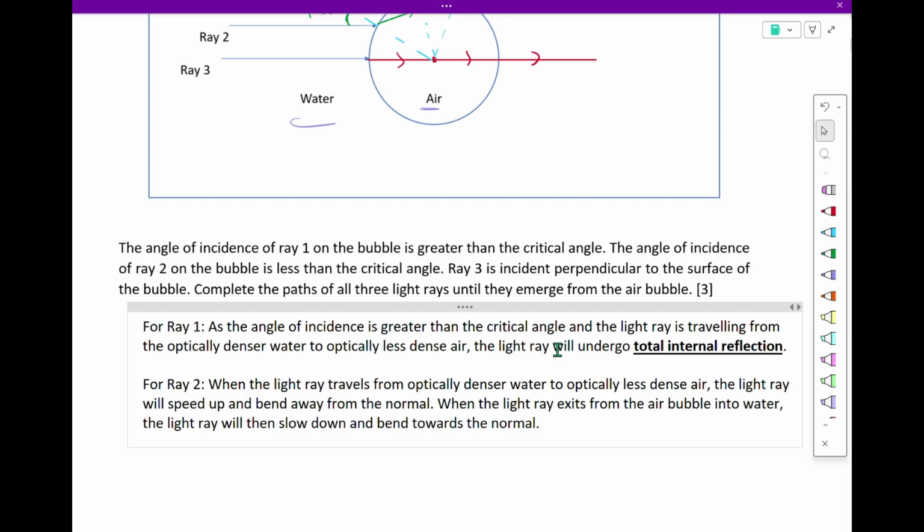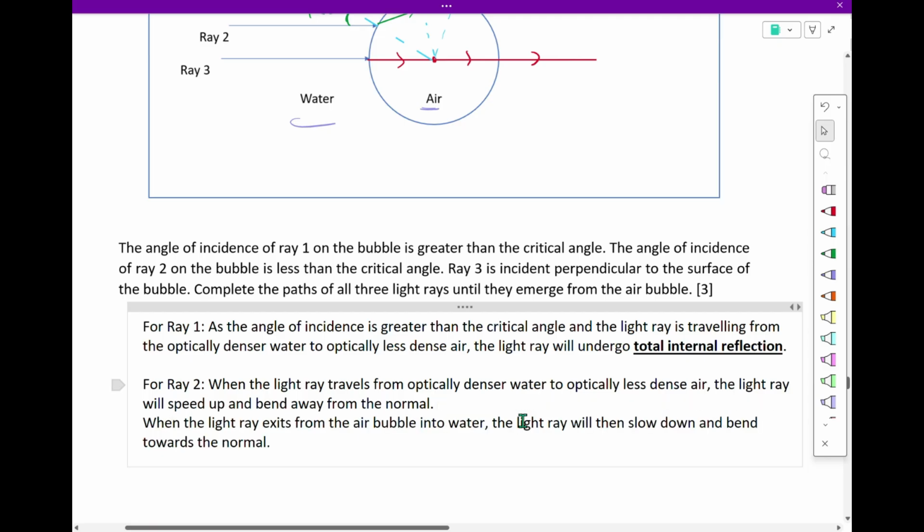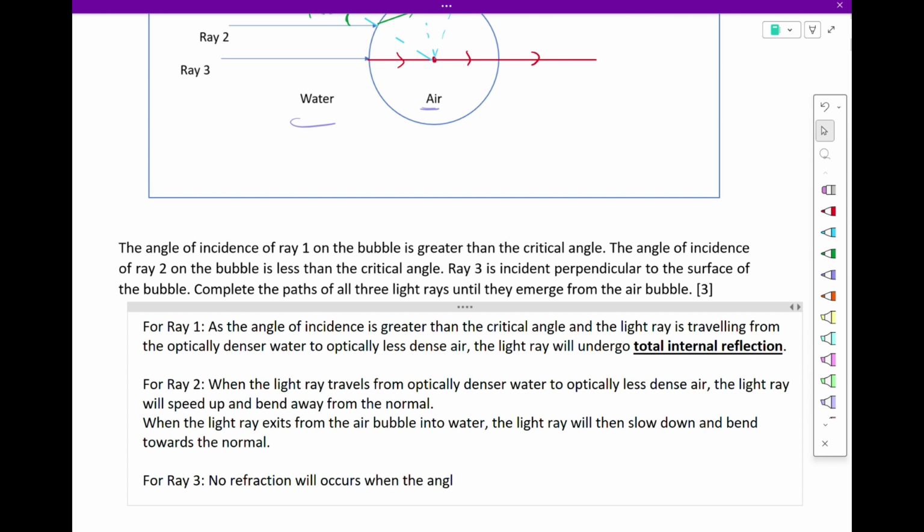Okay, so basically there's two steps for this question itself. Step 1 is when you first enter, and when you exit is afterwards. Then for ray number 3, what happens is no refraction will occur when the angle of incidence is zero, or we can say when the light ray is perpendicular to the surface.